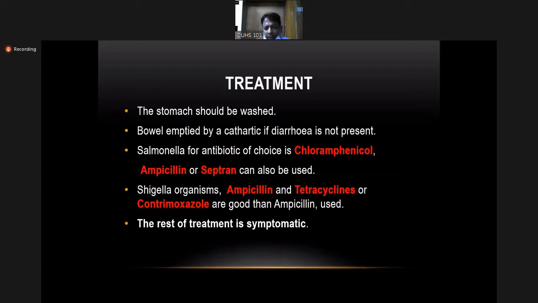But wide spectrum third generation antibiotics are used, and in complicated cases, chloramphenicol is used. The rest of the treatment is symptomatic. So these are the treatments of choice for the Salmonella and Shigella group of food poisoning, typhoid fever, and other abdominal infections due to Salmonella and Shigella groups.